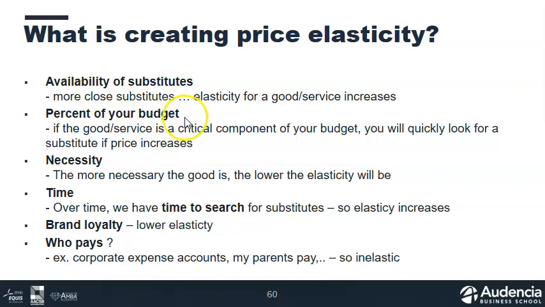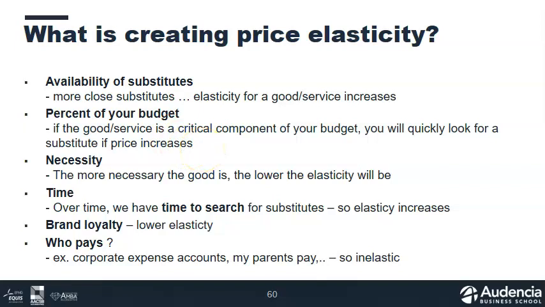Are there a lot of substitutes? If we have a lot of substitutes, as the price goes up of a good or service, you know what? I'll go buy the substitute. So we'll see that elasticity goes up if there are a lot of substitutes. A small change in price and everybody leaves. What if it represents a large part of my budget?